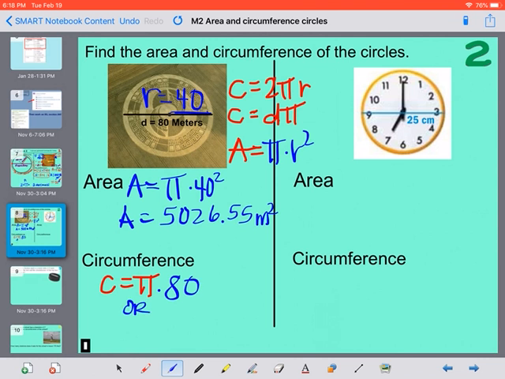Or you can do 2 pi r. Our radius was 40. Either way, 2 times 40 gives you 80, so you'll get the same answer. So if you just plug in pi times 80, pi times the diameter, okay, I wrote this backwards up here.